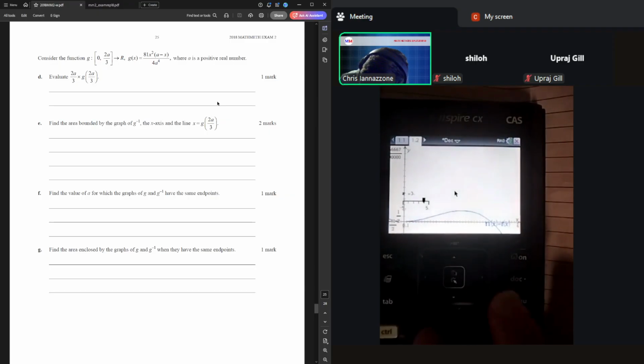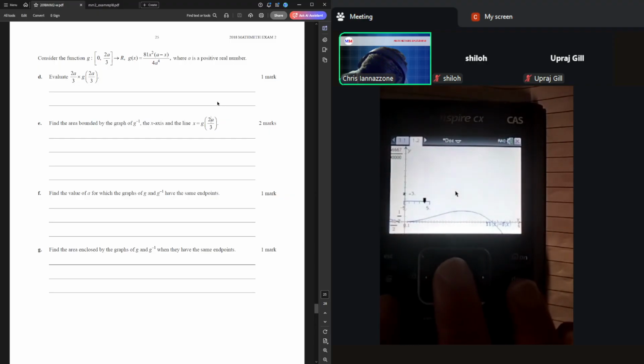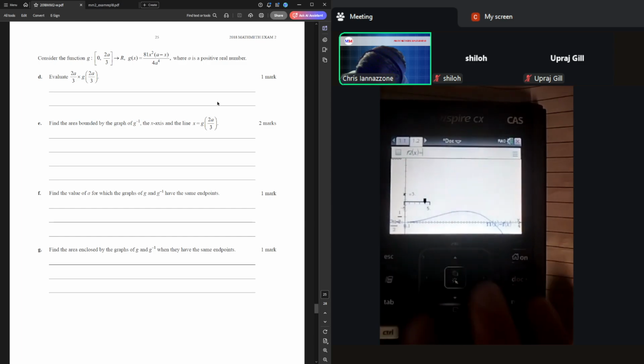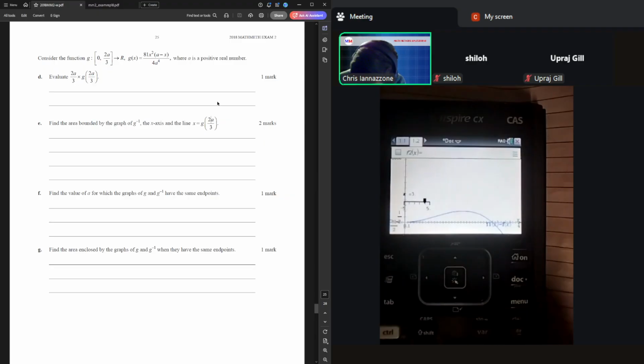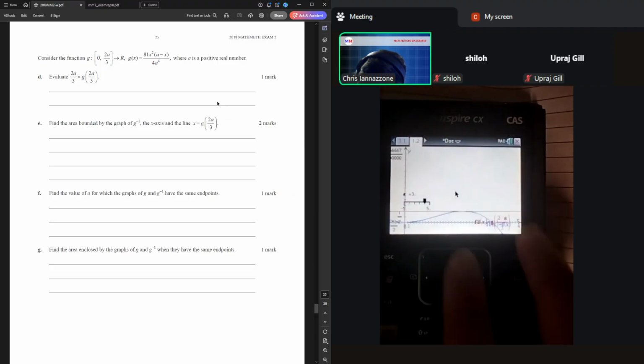And from there, we're now doing y-axis and g of 2a on 3. That's just going to end up being that bit in there. Which, now that we're seeing it, that's pretty chill.